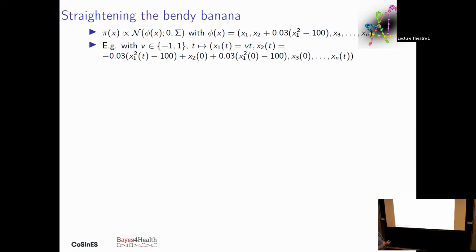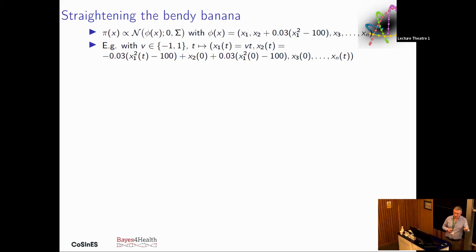What happens to the second component? Well, if you take this here to the left-hand side, you see that what I'm saying is define a path such that x2 plus 0.03 blah, blah, is equal to your initial point. So what I'm saying here is try to follow the path in the x2 domain that ensures that the second component that you inject in the normal distribution is constant, right?